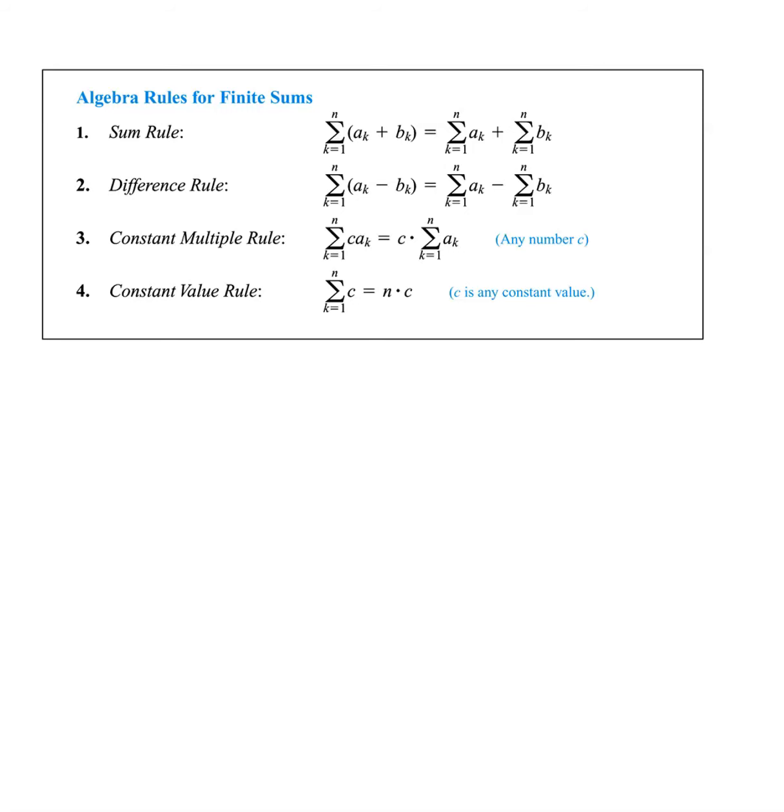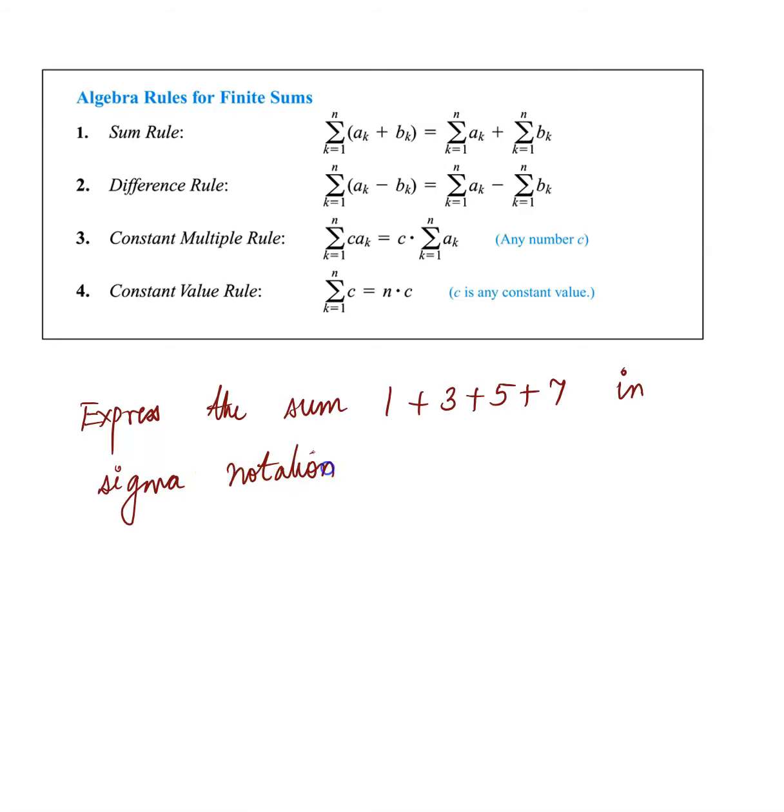Okay, let's say you had to express the sum 1 plus 3 plus 5 plus 7 in sigma notation. How would you write this?